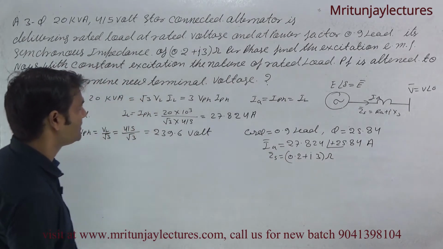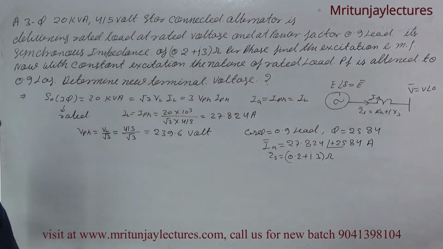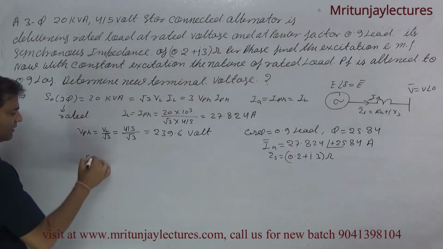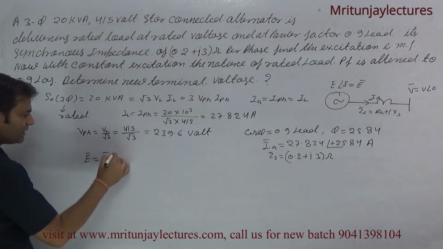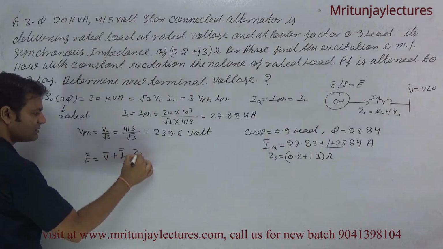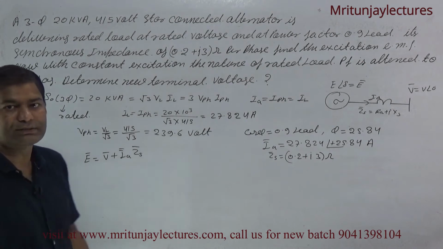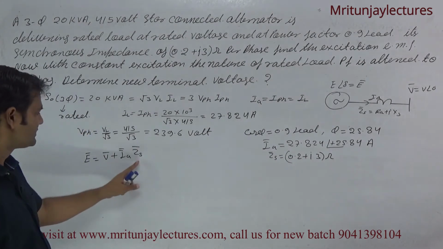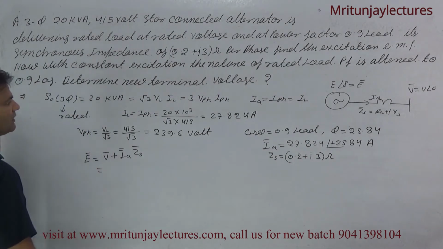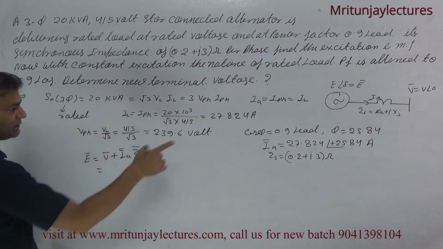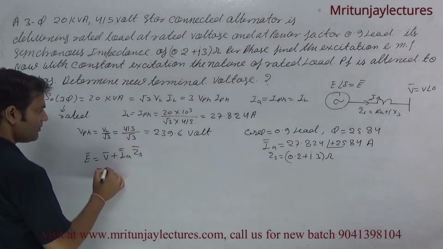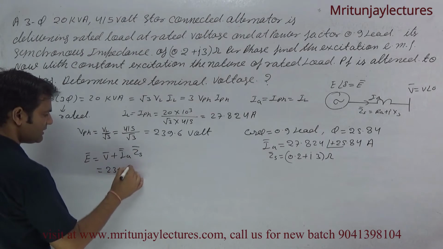Find the excitation EMF. Our motto is first of all to determine the excitation EMF, and after that focus on what else is to be determined. What is happening? E is equal to V plus IA into ZS. V is the terminal voltage, per phase, that is 239.6 at the angle 0.